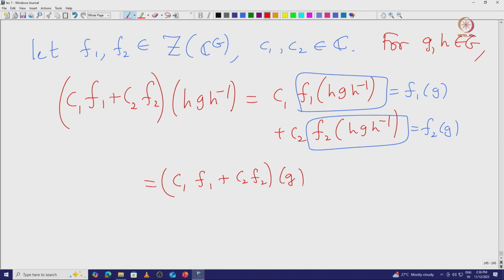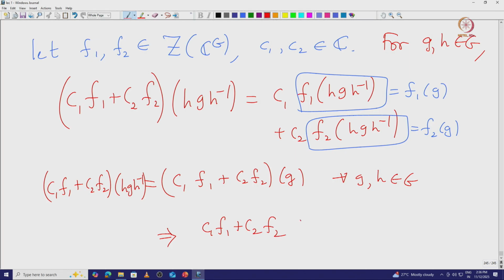And since this is true for any g and h, the linear combination of class functions is indeed a class function. That proves that this linear combination is inside the subset that we defined, and this is indeed a subspace.